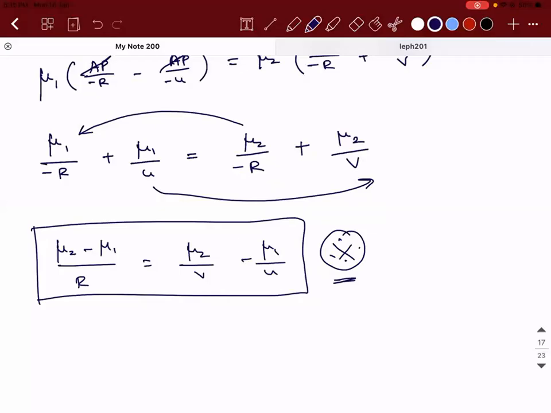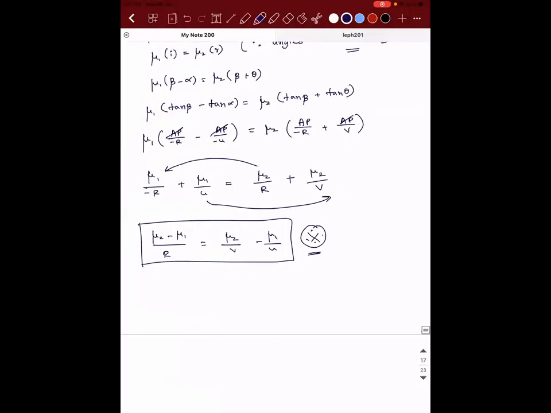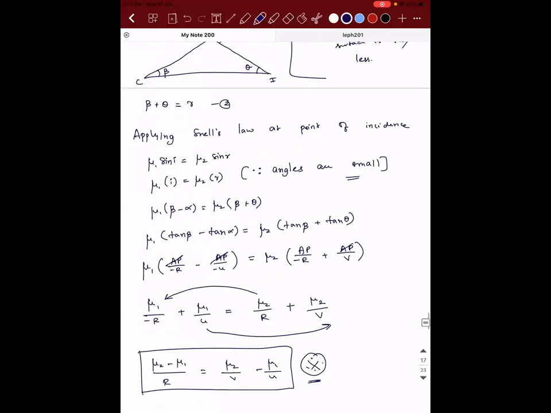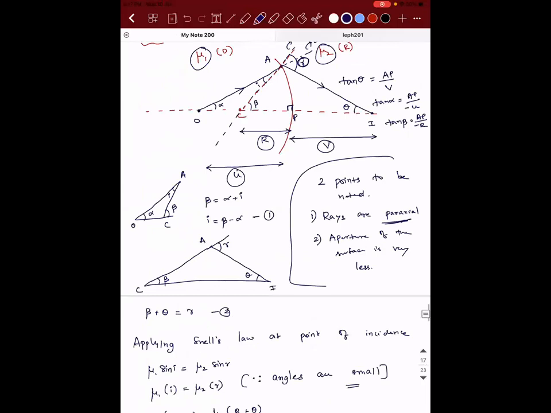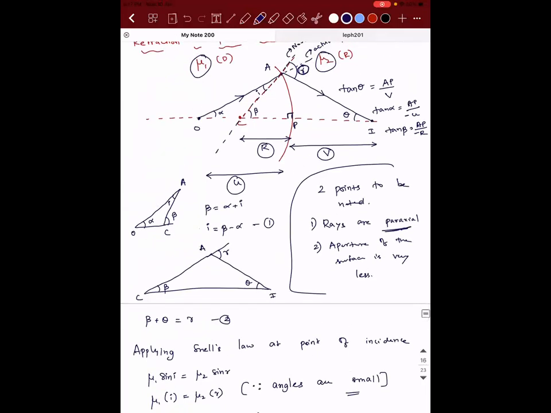So please write it down. I want everybody to write this, especially by drawing and writing it, because it's a very, very important derivation. Ensure you're doing it, and if there is any doubt, get it clarified.